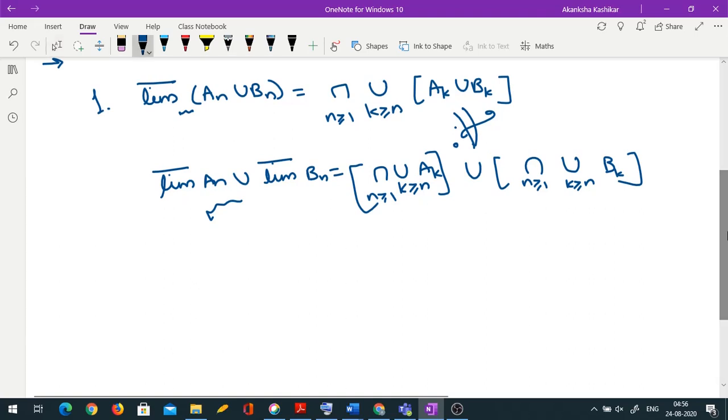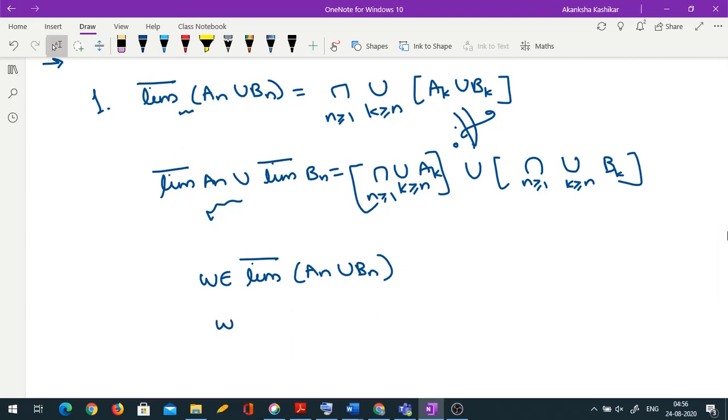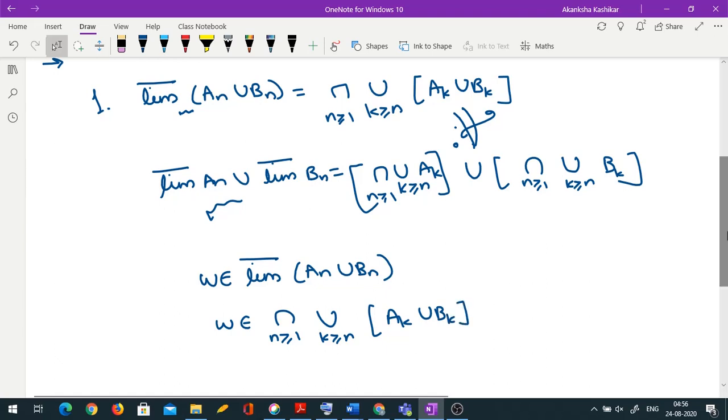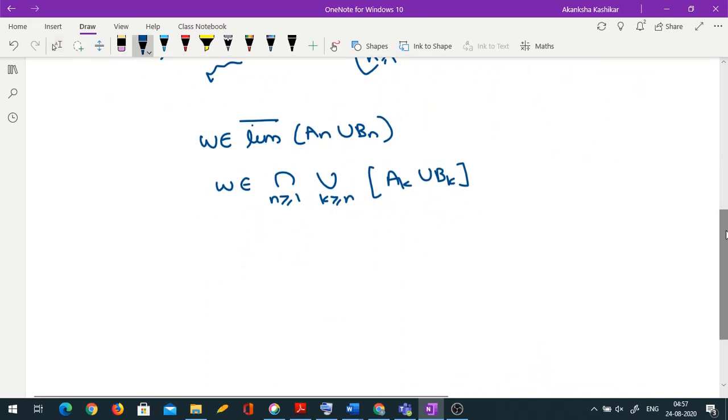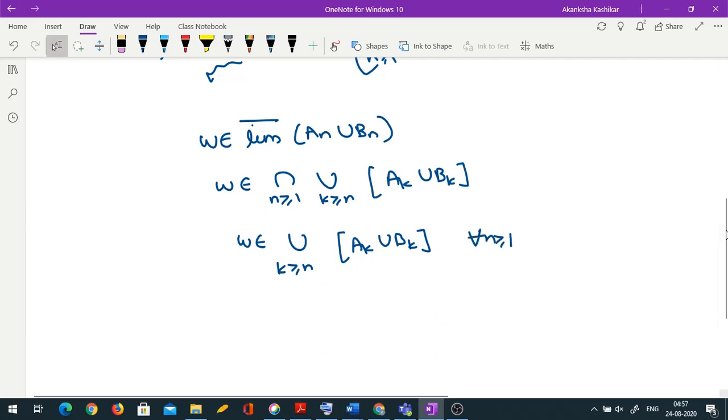Let me start with some omega which belongs to the LHS, that is, omega belongs to lim sup of An union Bn. So this means omega belongs to intersection union Ak union Bk. What does this mean? This means omega belongs to union over k greater than or equal to n of Ak union Bk, for every n.